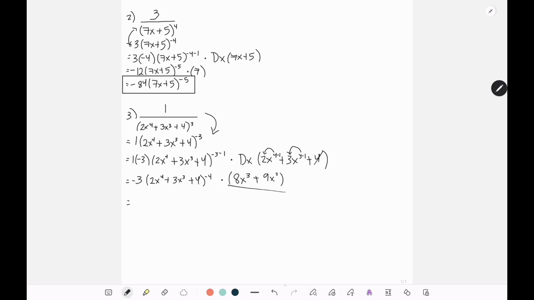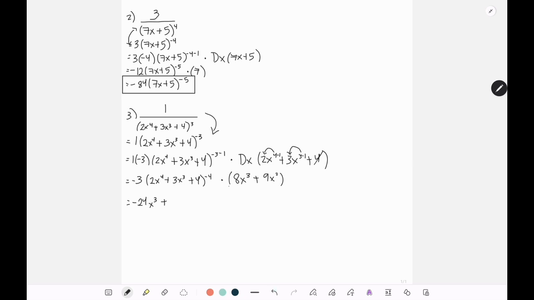Alright. Now, we're going to multiply this one dito sa ating negative 3. Alright. So, negative 3. Multiply natin siya sa 8. It will be negative 24. So, negative 24 x cubed plus, so negative 3 times 9 naman is we have negative 27.